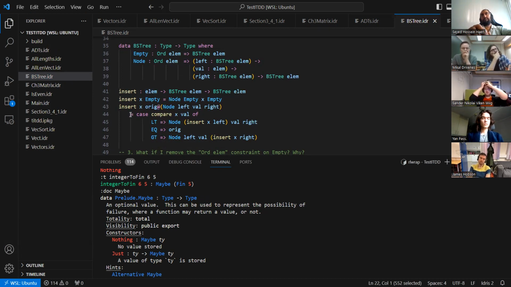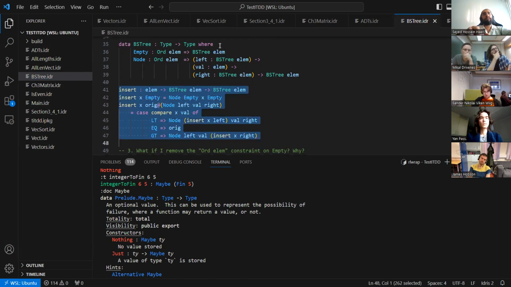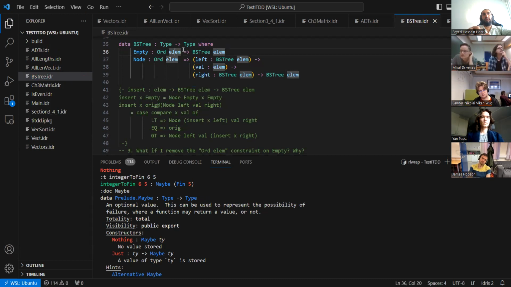Right? Now, here is a quick question. Let me just comment these out. Now, as you can see, in both constructors, we are requiring that LM is ordered.